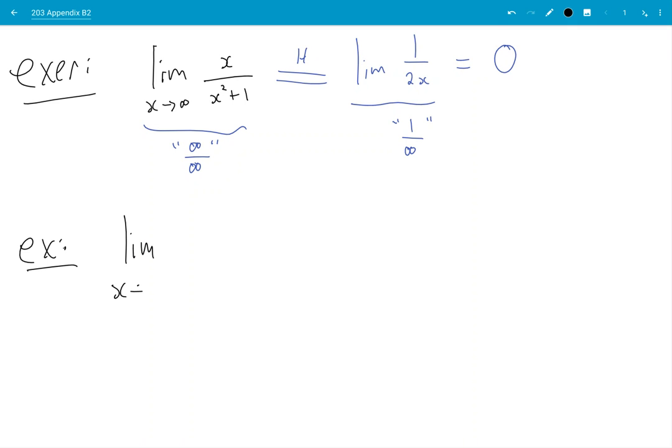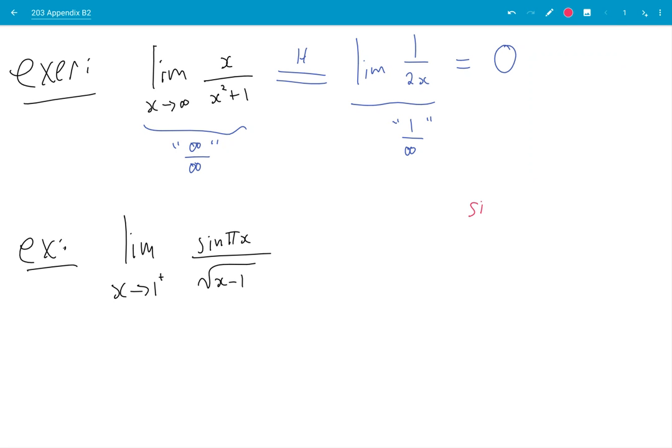Limit x goes to 1 plus of sine pi x over root x minus 1. Okay, so what is the problem here? Do I have a problem?